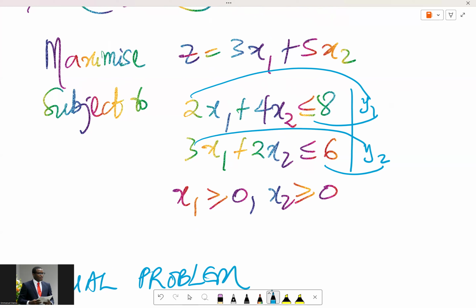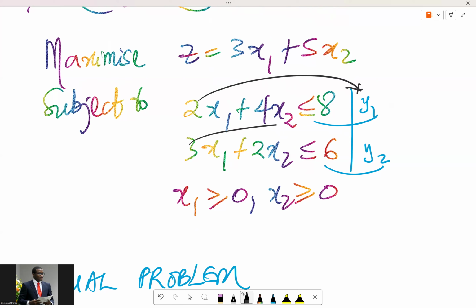That'll form one of the constraints, and this will be the right hand side in this case. I guess I need to use another marker to drive the point home. So now you have 2y1 plus 3y2, correspondingly, and that will be related to this three.